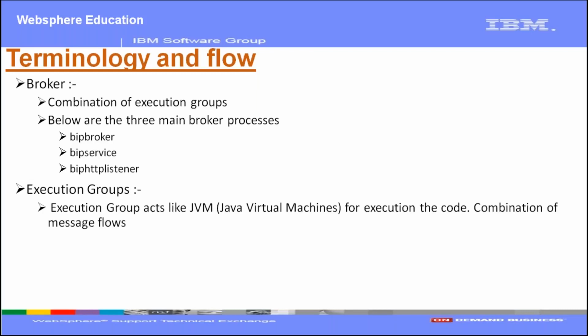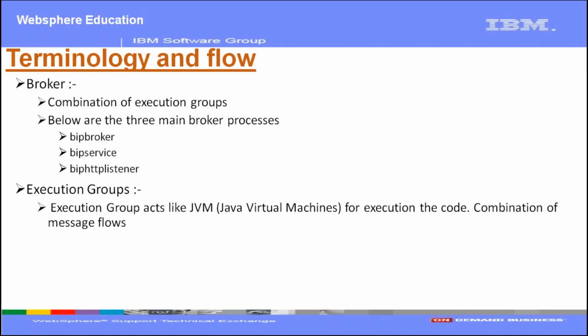Okay, so let me explain. In Java, we have a concept called Java Virtual Machine. For example, a Java developer has written code in Java. Once the code is developed, he has to run and test his code.